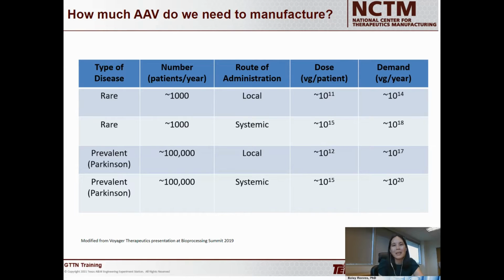You probably might need one batch, if that, per year, compared to a therapy that's targeting something like Parkinson's that has a lot more patients per year. So making sure that you do the math and calculate exactly what size batches and how many runs per year you need to do in order to meet the demands of the market and your patients is really important when you're doing those scaling exercises.